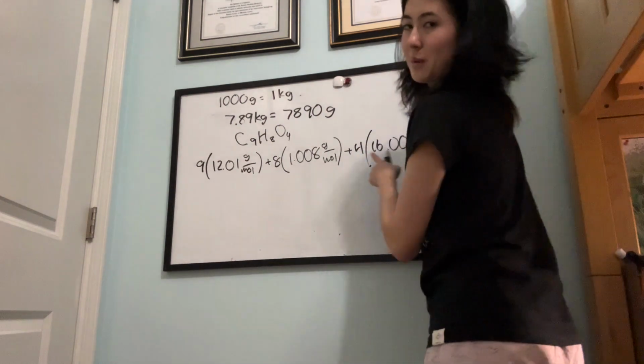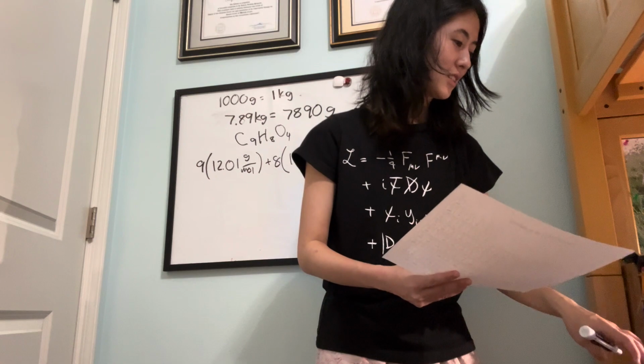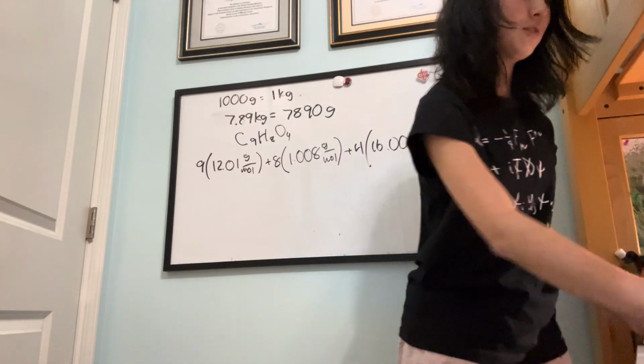Oxygen is always easy to remember because it's 16.00. That looks correct enough.